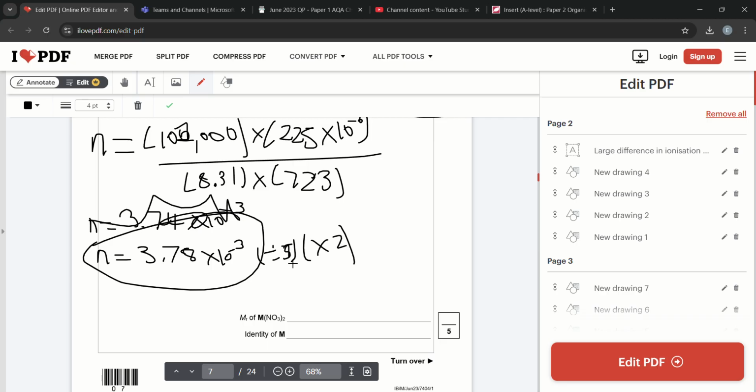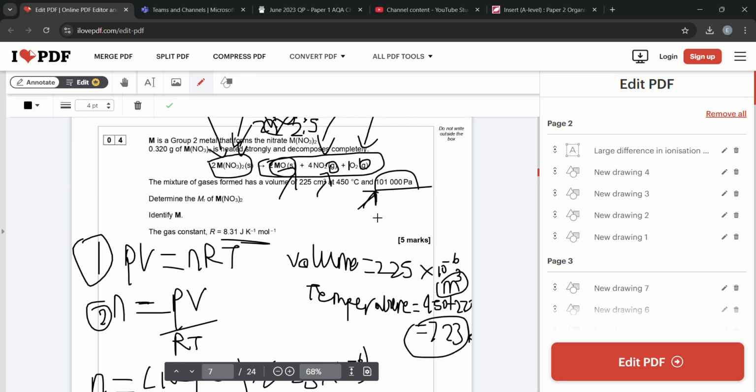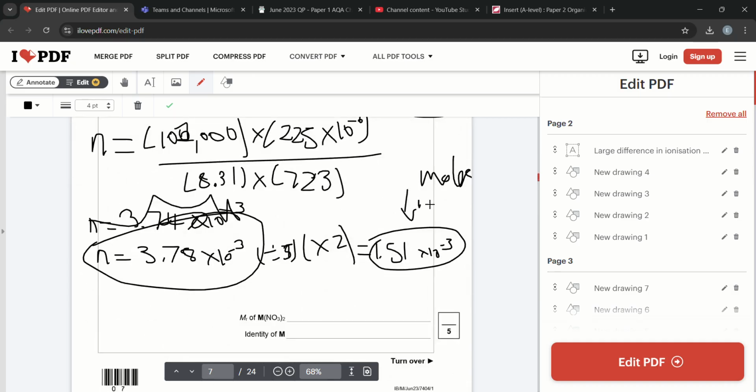Which gives me 1.51 times 10 to the power minus 3. And this is the moles of M(NO3)2.